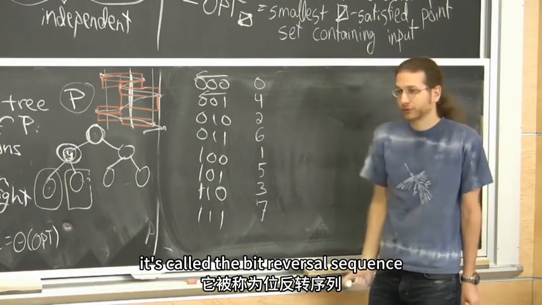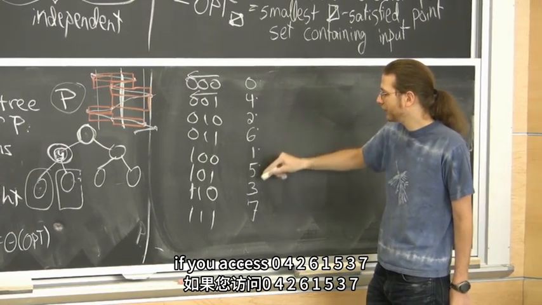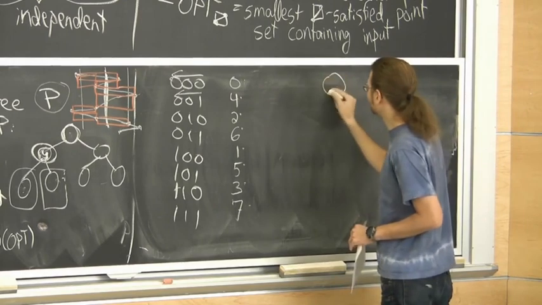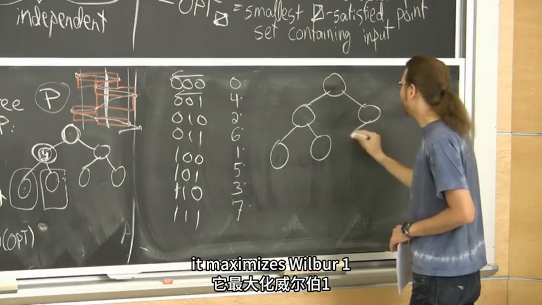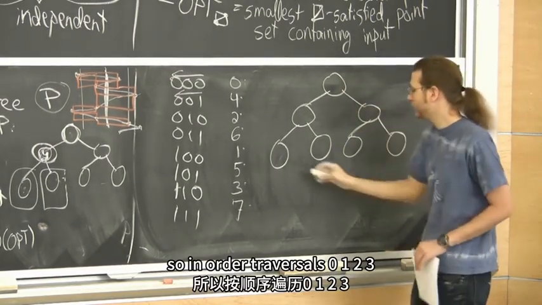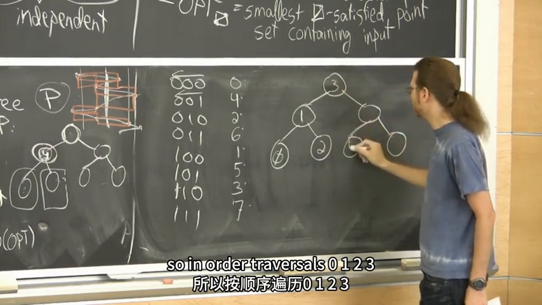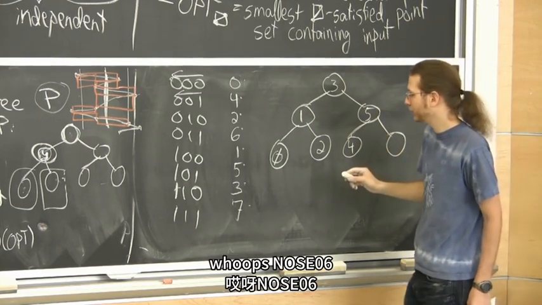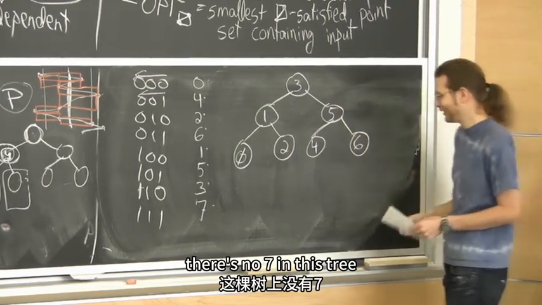It's called the bit reversal sequence. If you access 0, 4, 2, 6, 1, 5, 3, 7 in a perfect binary tree, it maximizes Wilbur 1. So in-order traversal, 0, 1, 2, 3, 4, 5. Whoops, no 0, 6. All right, ignore 7. There's no 7 in this tree.